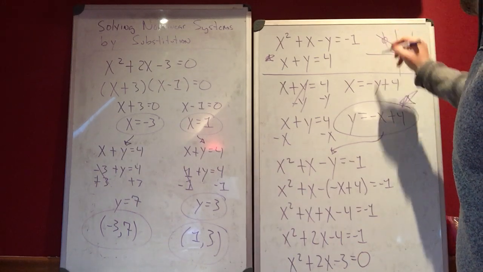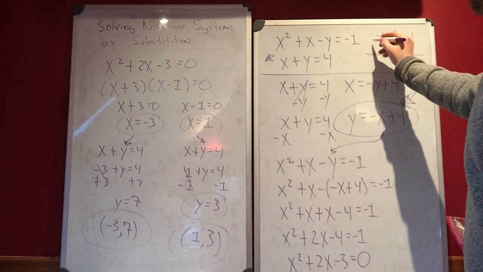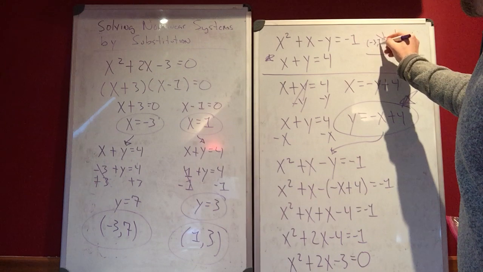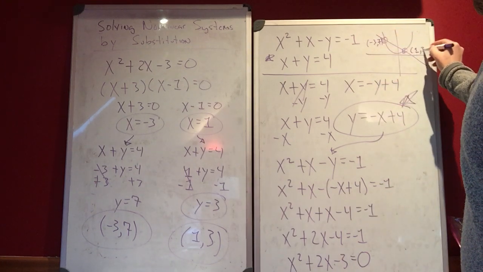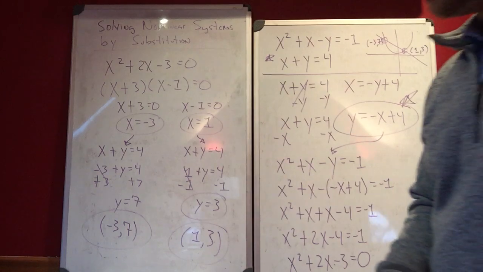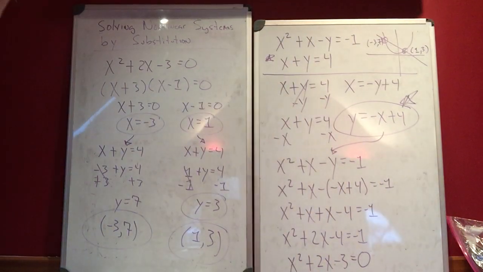And we're going to have 2 points of intersection, like that and like that, all right? This one is going to be -3, comma 7, right? And this one's going to be 1, comma 3, okay? And that's the process of using substitution to solve a non-linear system, okay?